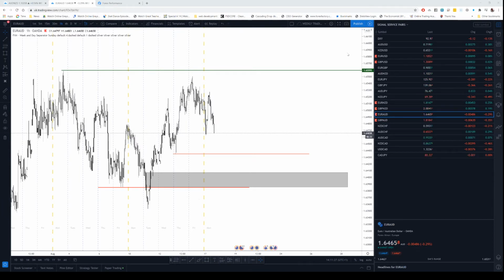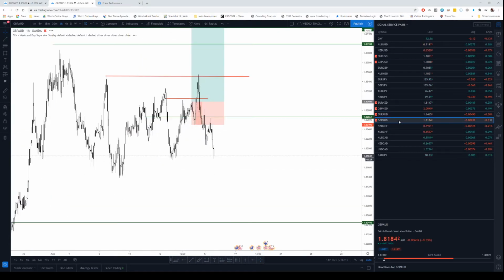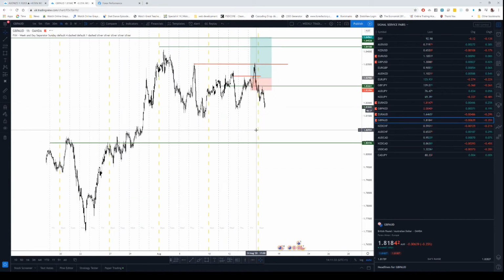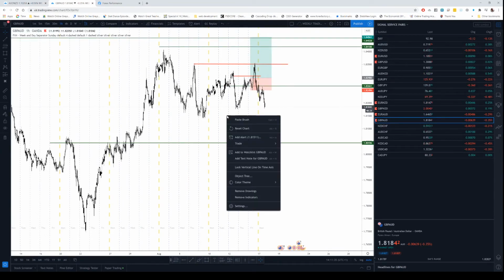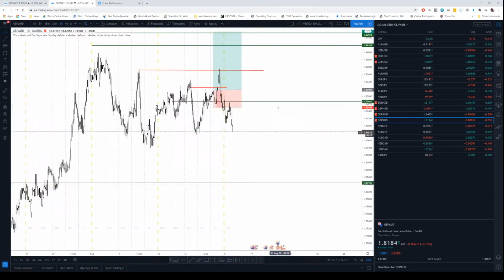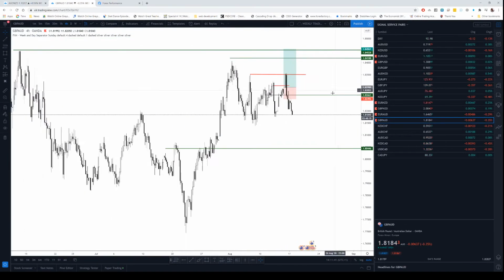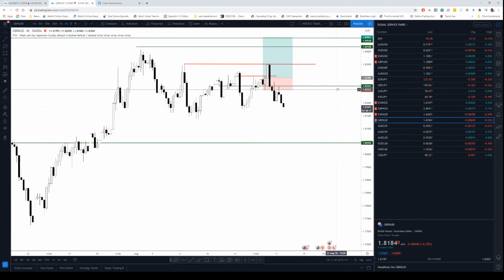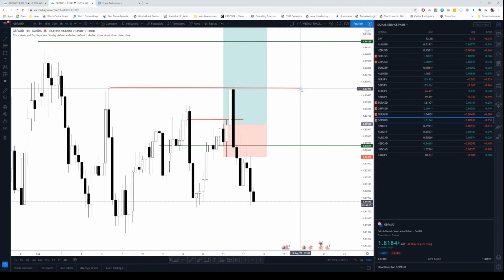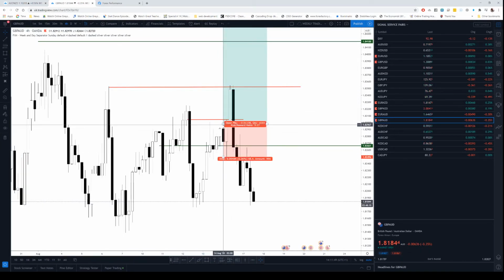Okay, so let's wait. Pound Aussie, same thing. Last week we did get one trade on this pair to our first target, and then price just reversed.